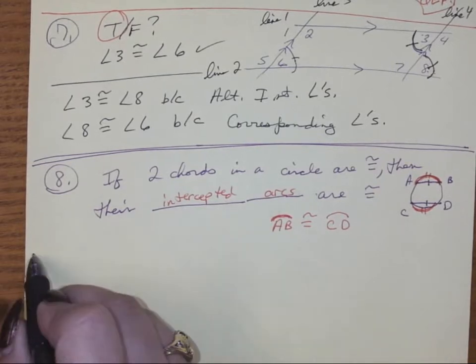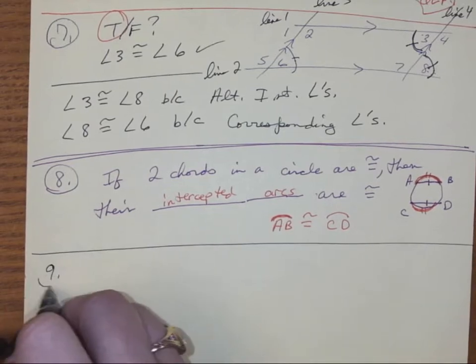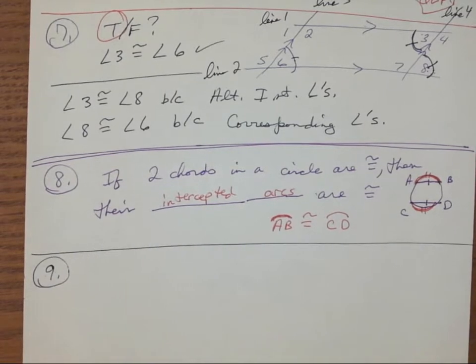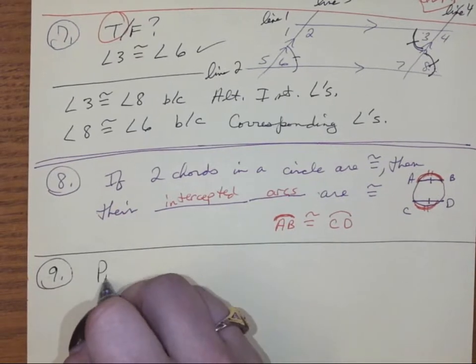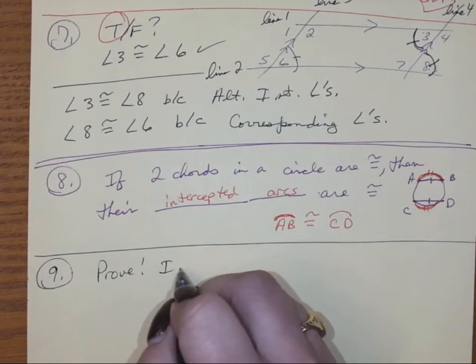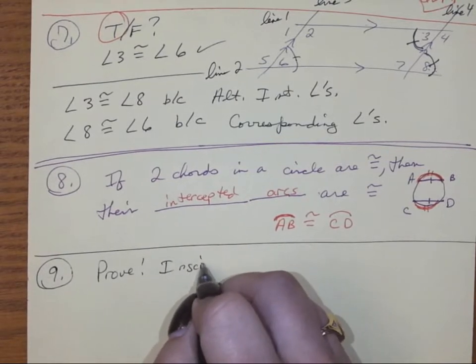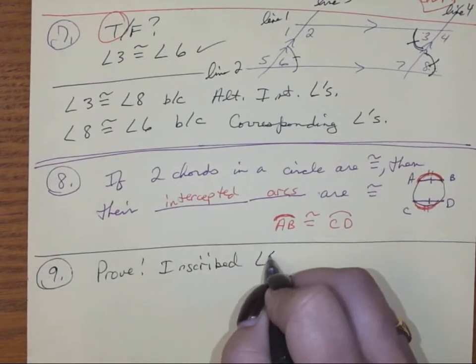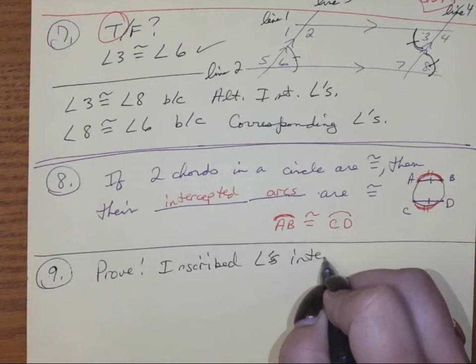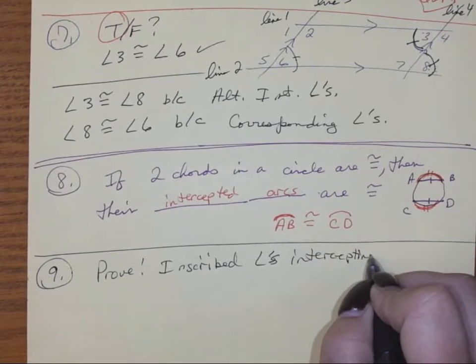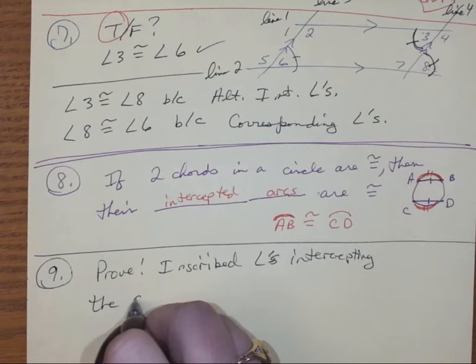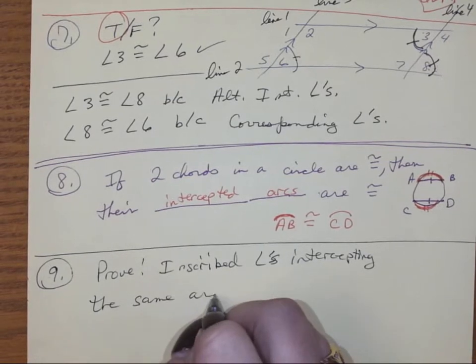All right, getting there. Number 9 says, prove inscribed angles that intercept the same arc are congruent. Inscribed angles intercepting the same arc are congruent.